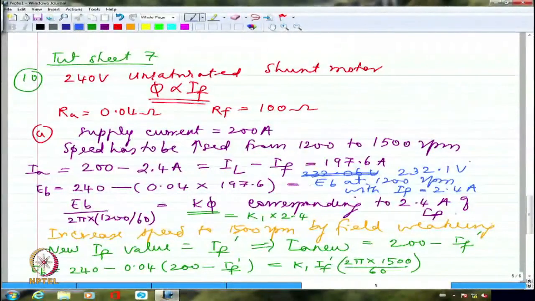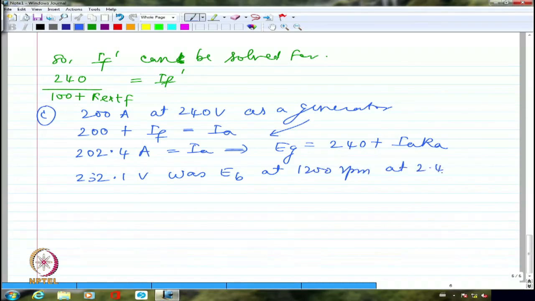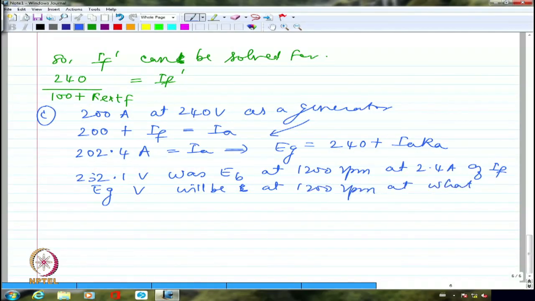Fine. So 232.1 volts was EB or EG at 1200 RPM and 2.4 ampere of IF. Now EG volts will be, at 1200 RPM and what IF. That's it. Okay? Any further questions?